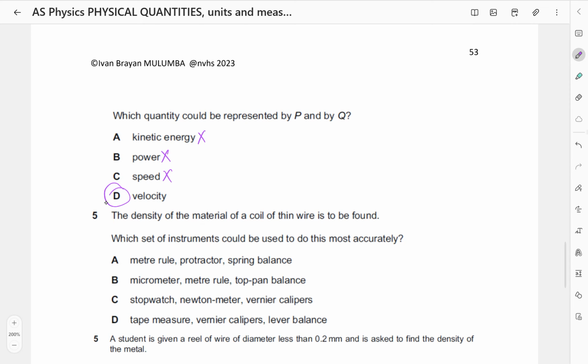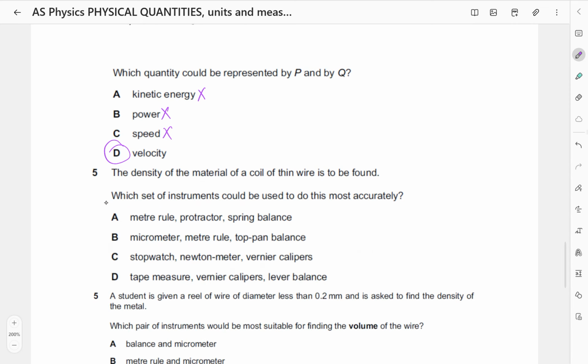The density of the material of a coil of thin wire is to be found. Which set of instruments could be used to do this? Because we want the density, we need mass over volume. So we must have an instrument to measure mass. In all cases, Newton meter will measure the weight.